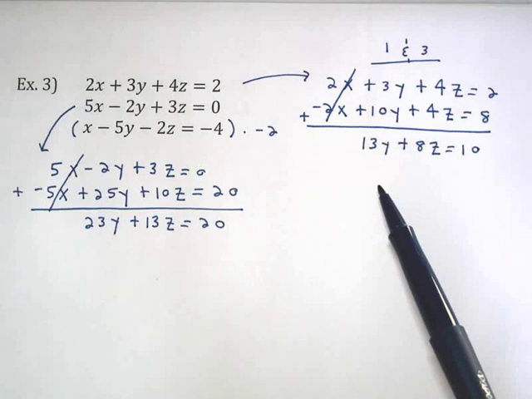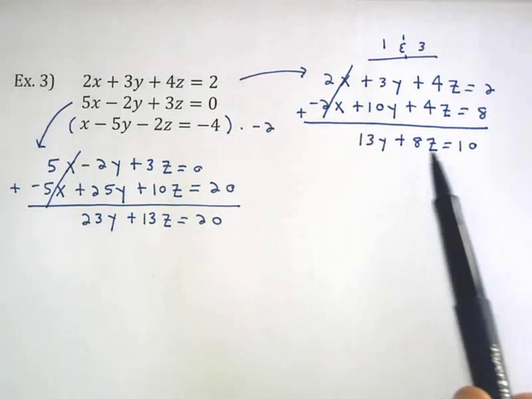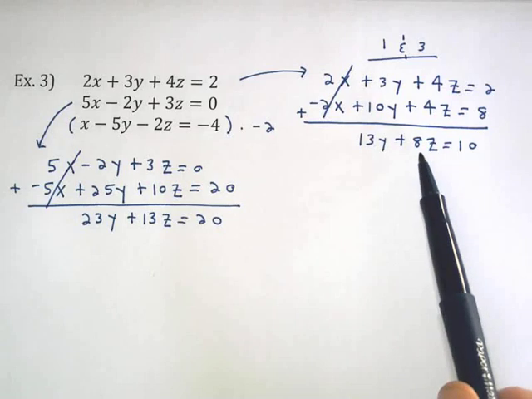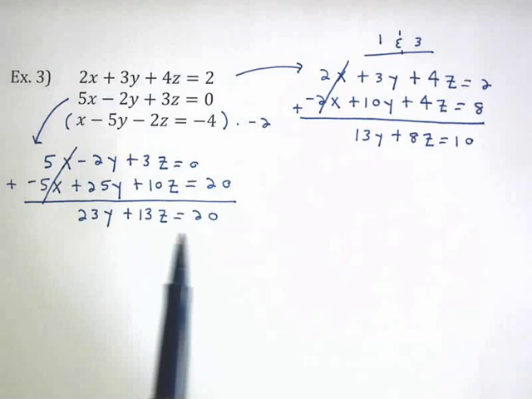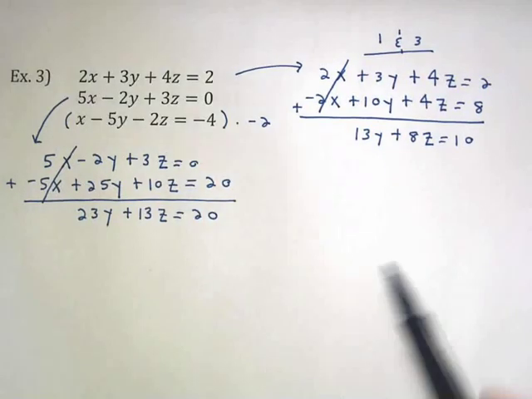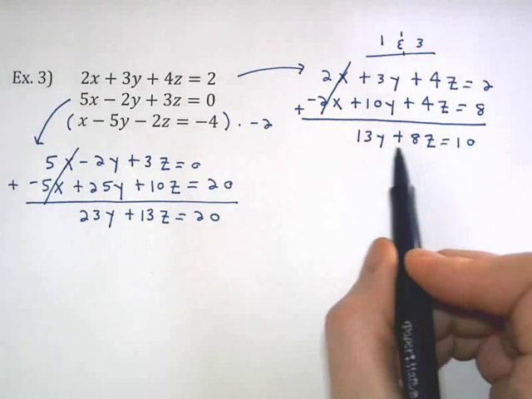And if you don't mind working with decimals and messy numbers, you can find something else to multiply by. But what I'm going to do is I'm just going to multiply this first equation by 13, and then I'm going to multiply down here by -8.